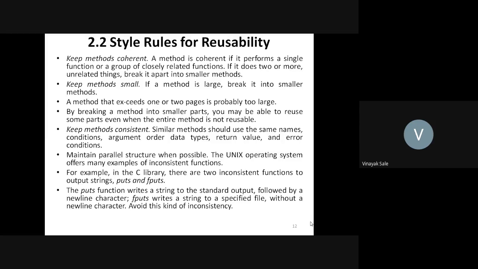A method is coherent if it performs a single function or group of closely related functions. If it does two or more unrelated things, break it apart into smaller methods.